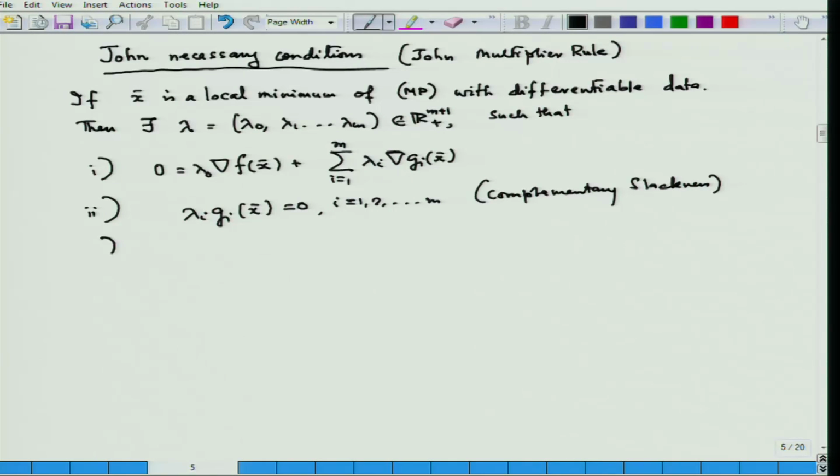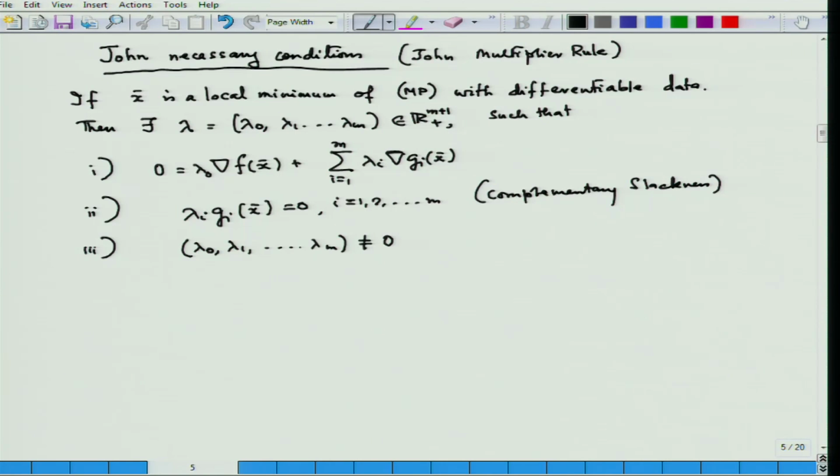Now comes the third and most crucial point. The point is this: this cannot be 0. This is the most crucial point, the central point of the result.